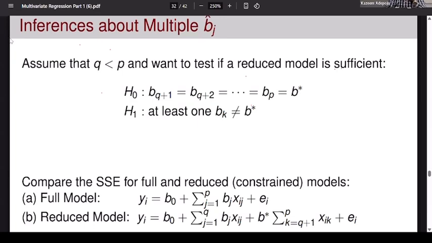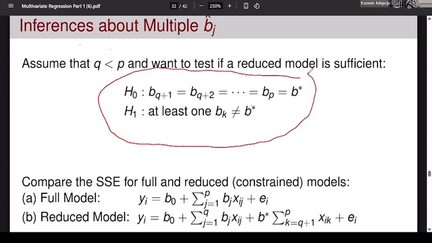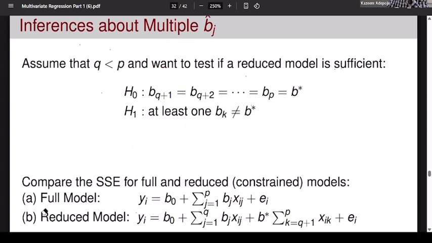Please pay attention. Take a look at this. I'm testing between a simple model and a complicated model. If I want to do that, I'm going to call the simple model a reduced model.